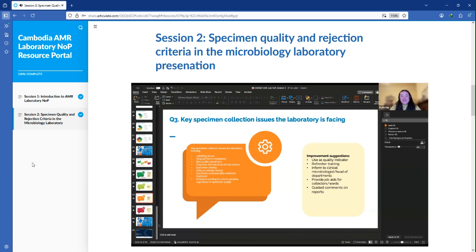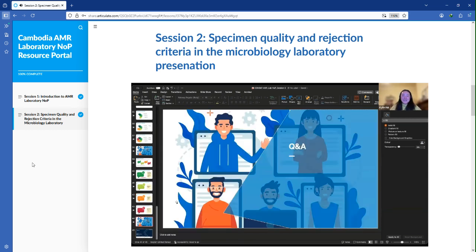So I agree, Sona, this is something that we would do in our labs as well: if the sample can't be replaced, we would still go ahead with culture, but put in a comment to guide the interpretation a little bit. And this is also a form of education. That's good. Okay, great. Any other questions or comments from anyone before we close off today?